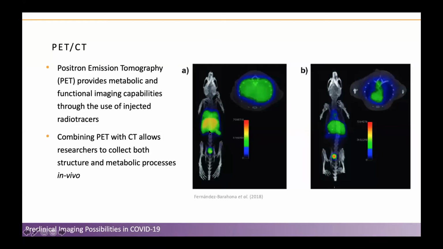Then by combining it with that CT image, we get a great ability to localize that image. So you can map out, say, the temporal response of the inflammatory response with something like that. You could, again, look at the efficacy of treatment. Lots of different ways to integrate this into your research.